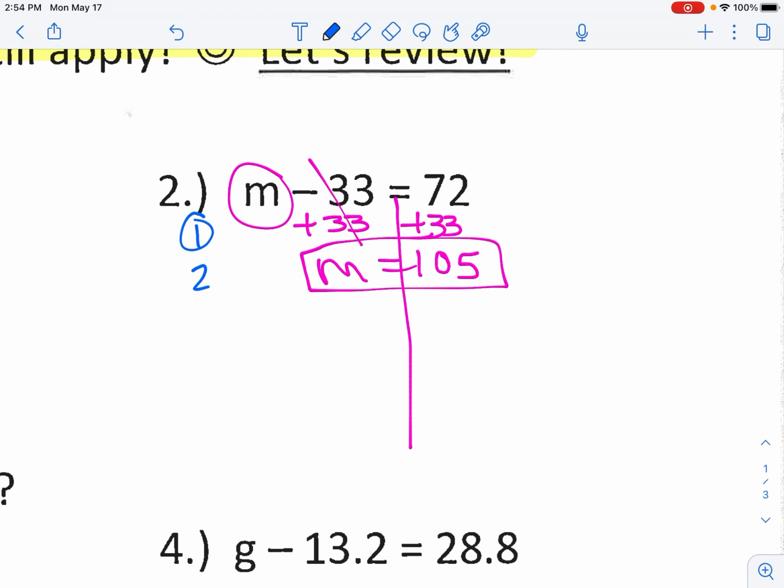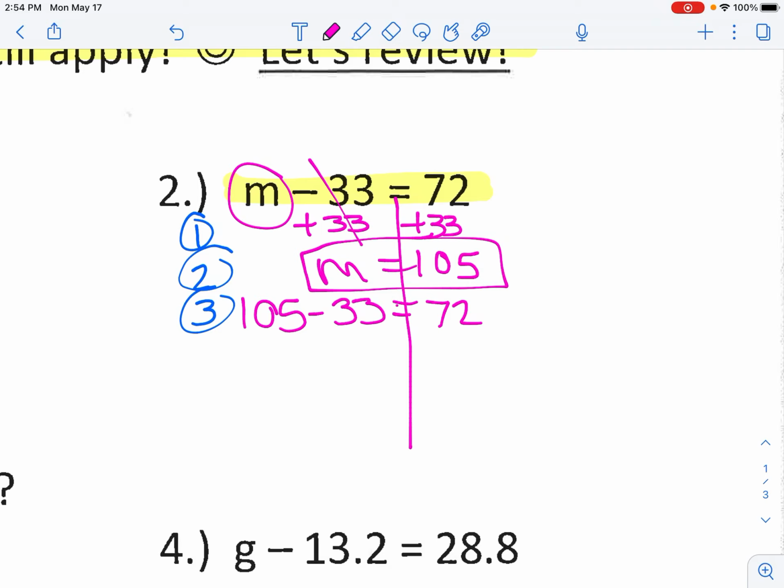So remember, 4 lines. Inverse operation, solution, and substitution is the next line. Substitution is when you rewrite this equation, but you substitute for m. So if I think that m equals 105, is 105 minus 33 equal to 72?